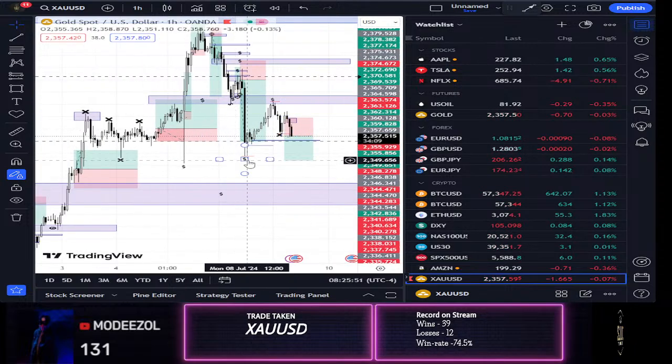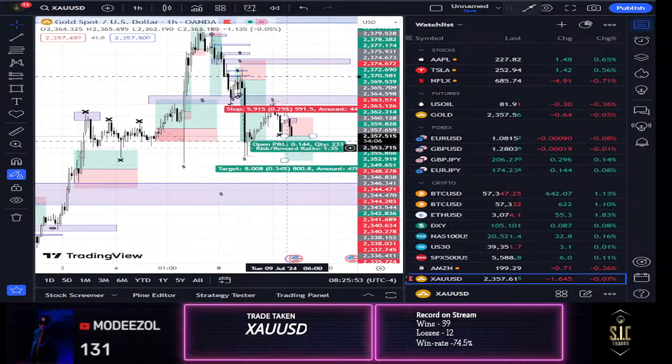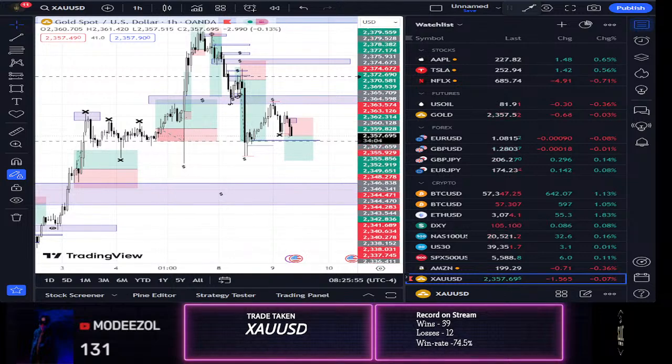Still coming and aiming for these lows here and an insufficiency here. All right, that's more of what I would look for now that she has voided out the buy side. I'm looking straight for the sell side now.